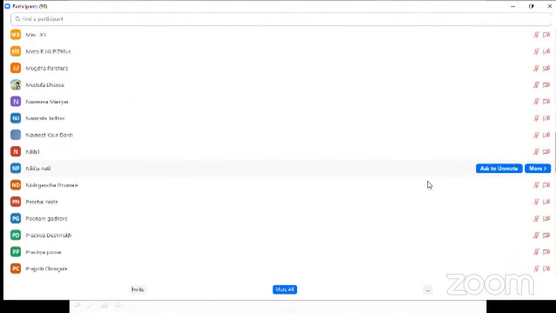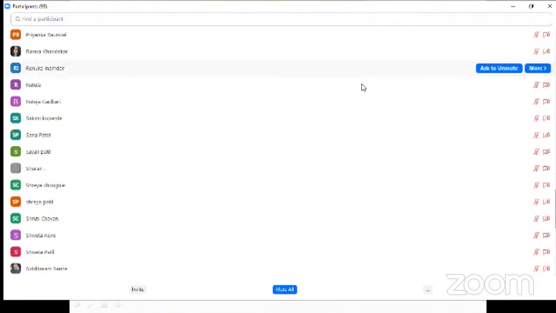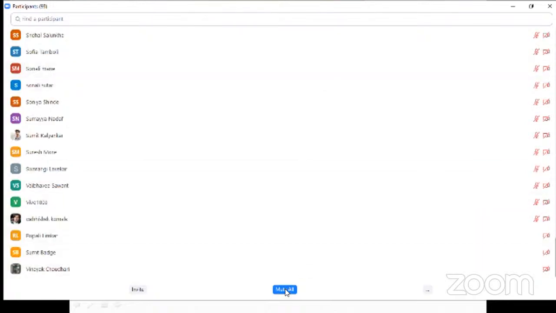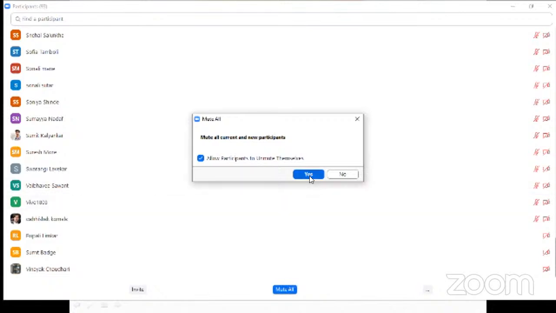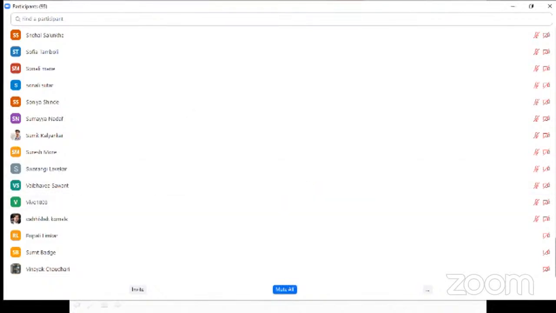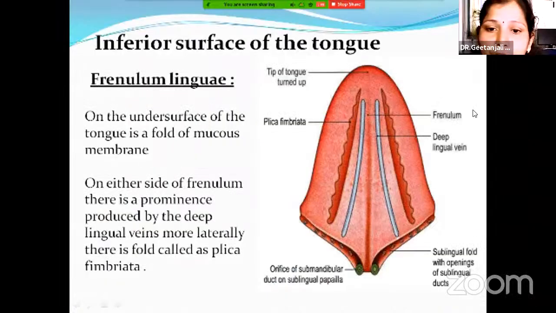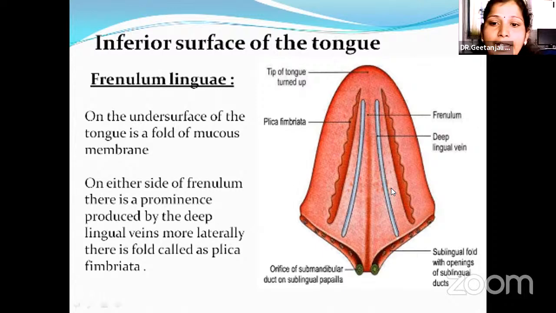On either side of the frenulum, there is a prominence produced by the deep lingual vein. More laterally, there is a fold called the plica fimbriata.